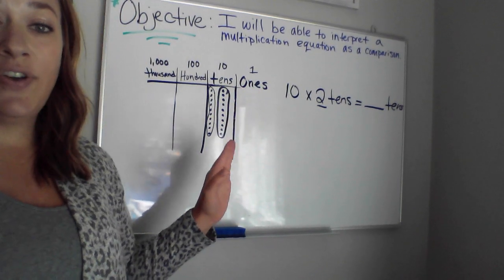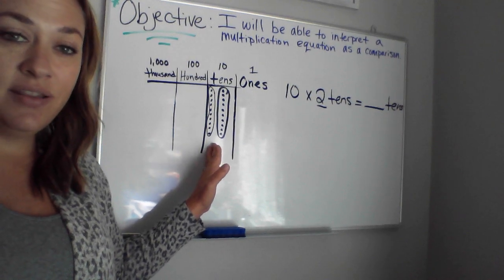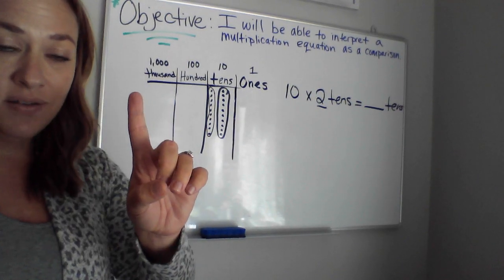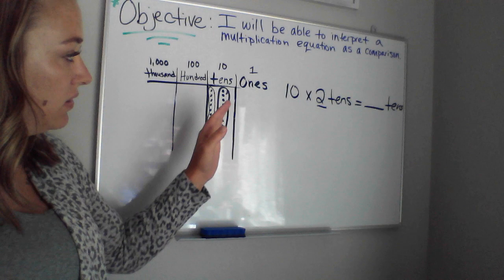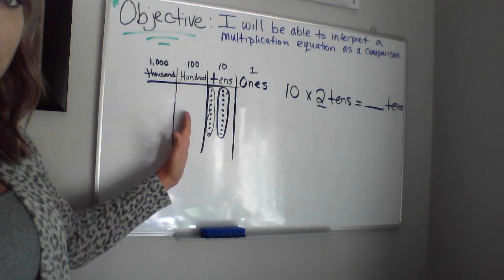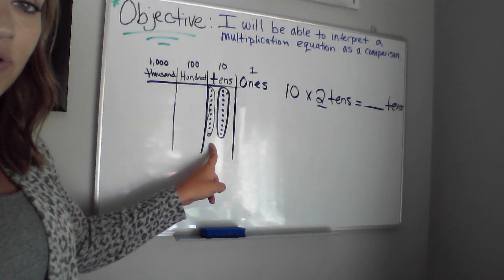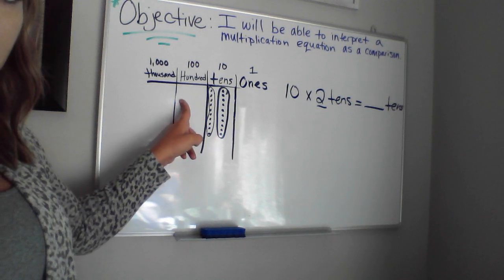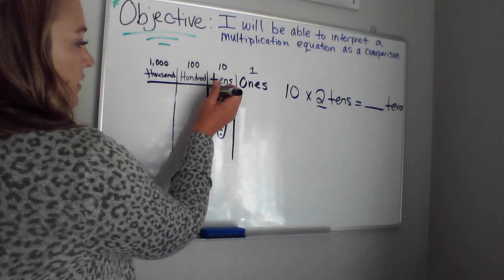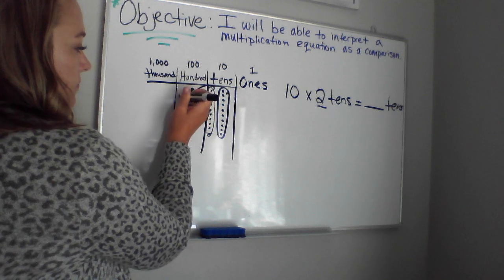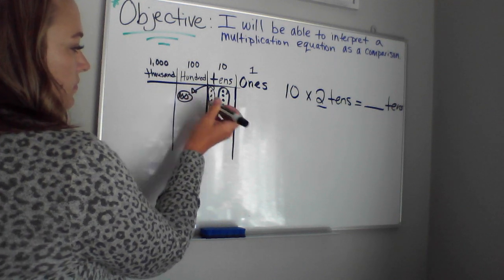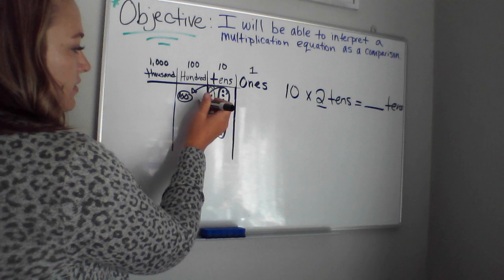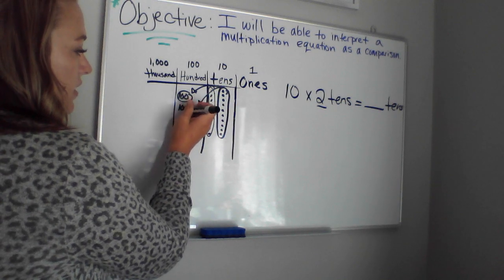And what have we learned so far? If I have a group of 10, then that's going to be equal to 1 of our larger unit. So our larger unit to tens is hundreds. So my one group of 10 is equal to 100. So I'm going to show that here. And then my other group of 10 is also equal to 100.